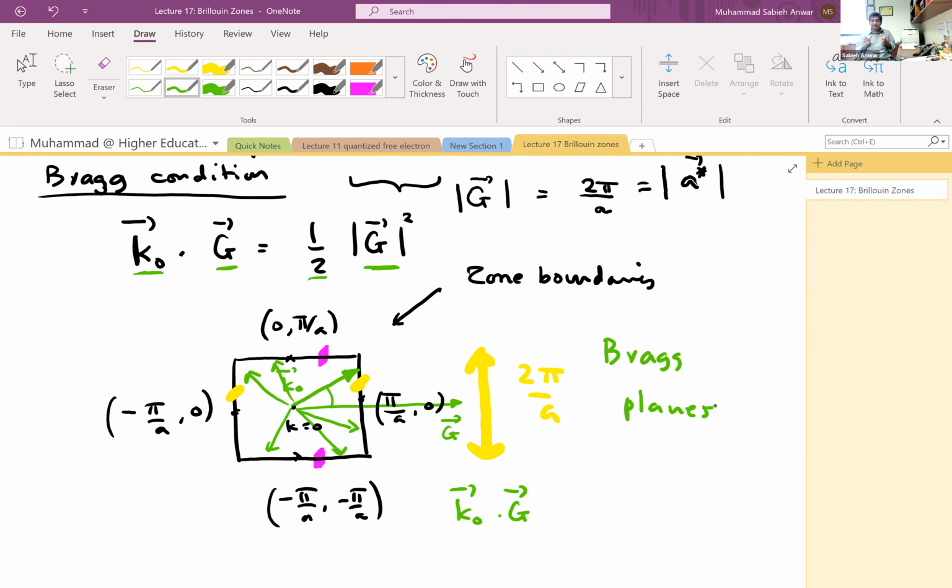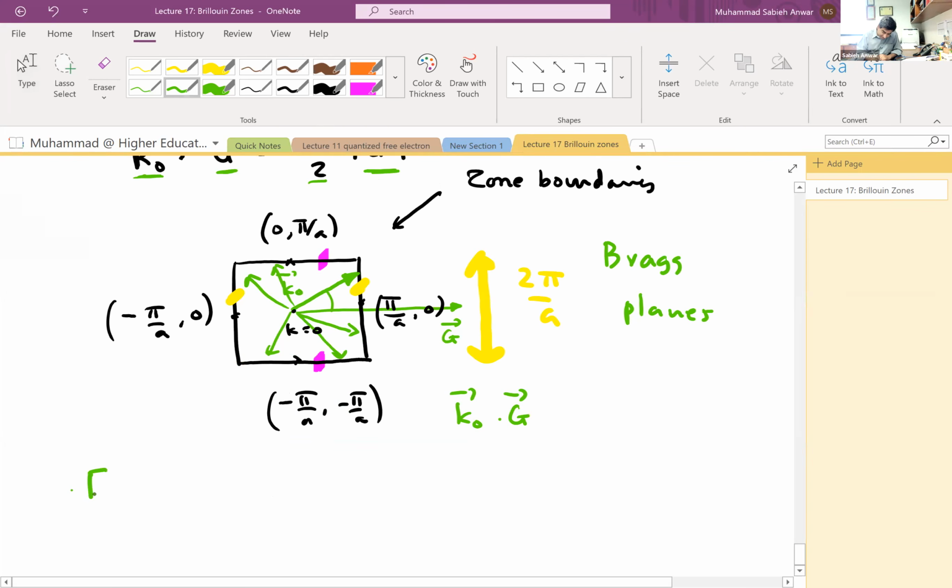Now, this is a two-dimensional or a three-dimensional example, and it's hard to draw this. In the next class, I'll show you some real examples of simulations for this. But energy gaps appear at the zone boundaries. In other words, you could say that the energy becomes discontinuous at the zone boundaries.